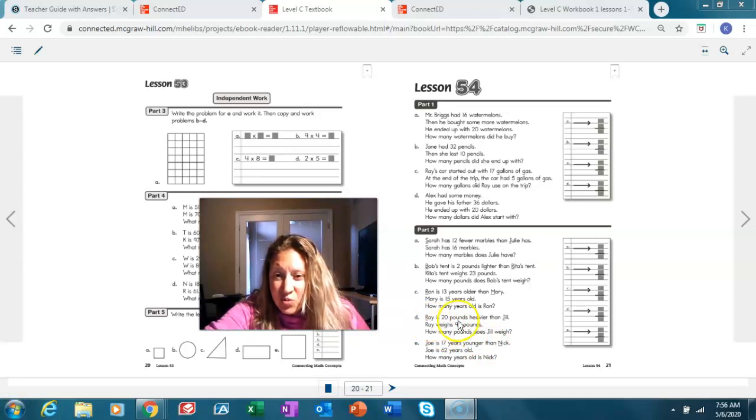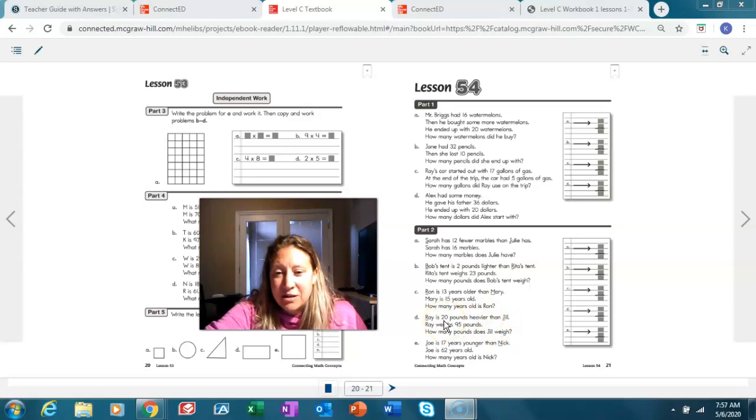Ray is 20 pounds heavier than Jill. Ray weighs 45 pounds. How many pounds does Jill weigh? Find a sentence that tells how many more or less. Find the number that tells how many more or less.